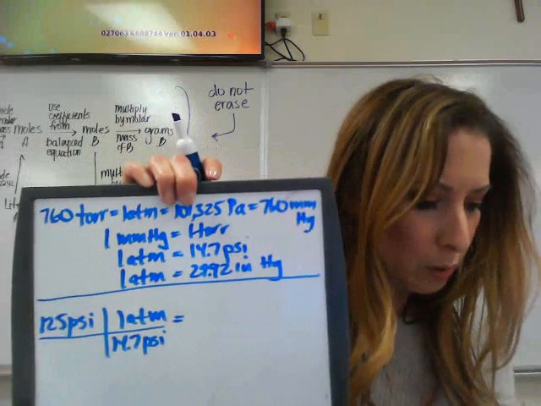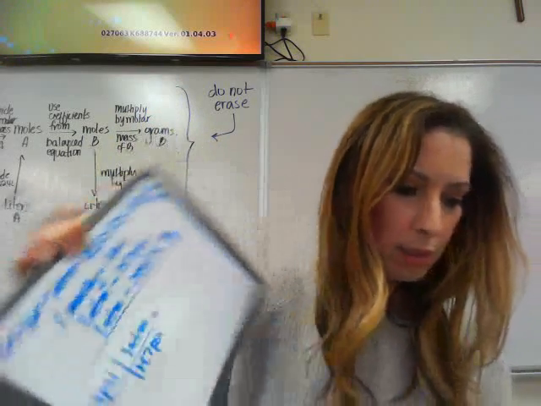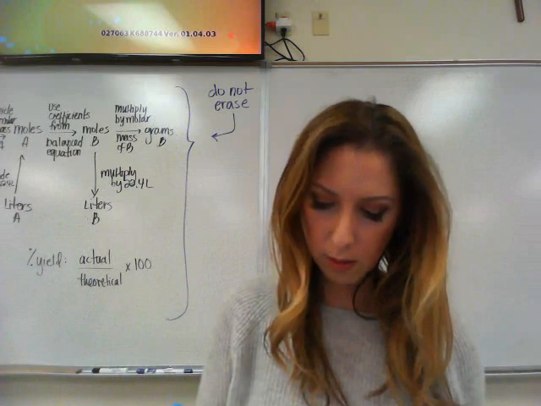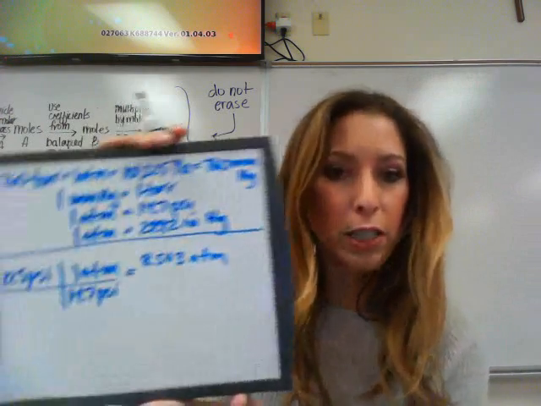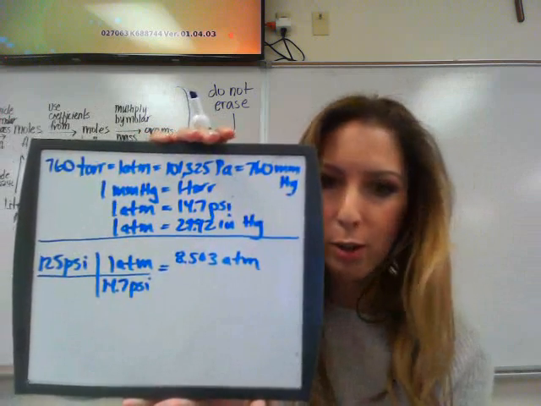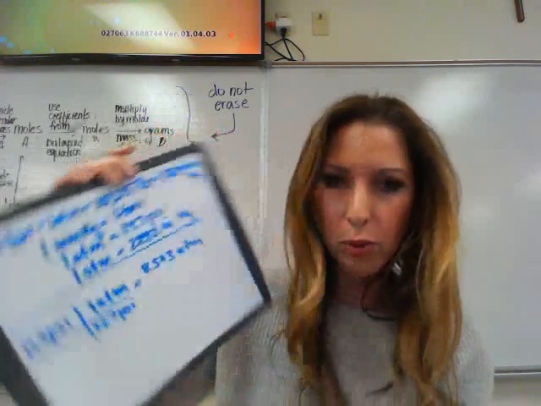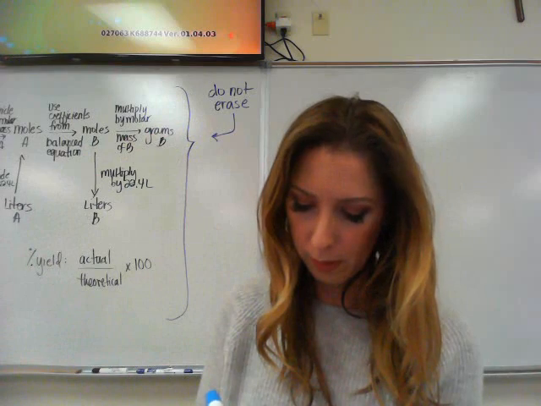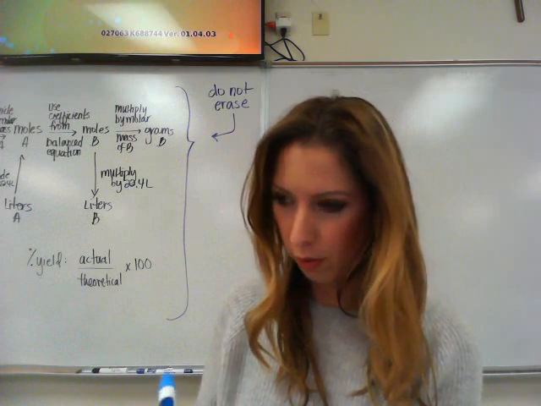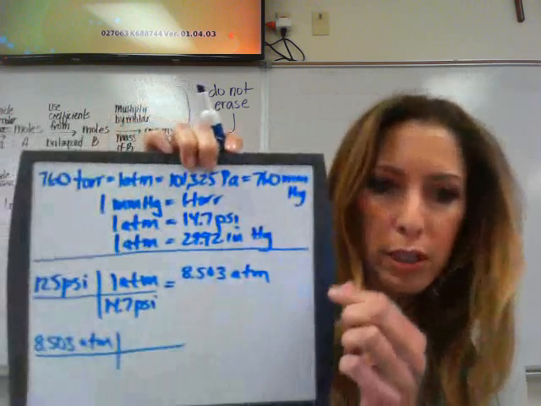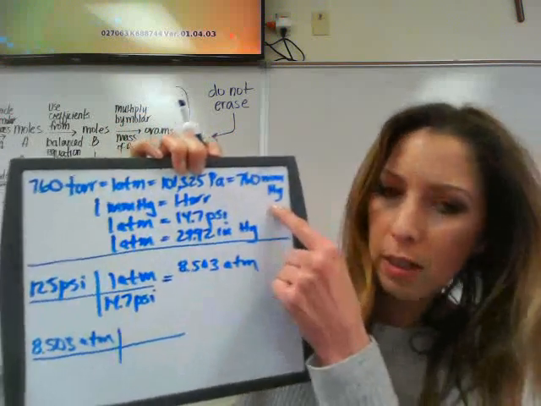125 divided by 14.7 is 8.503 atm. And I'm not going to worry about sig figs until I'm done. Now you take 8.503 atm and convert it to millimeters of mercury using this right here.